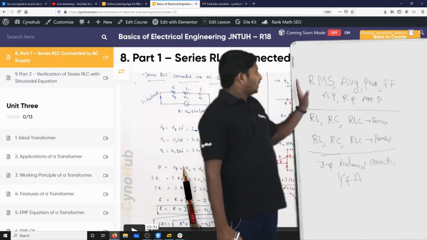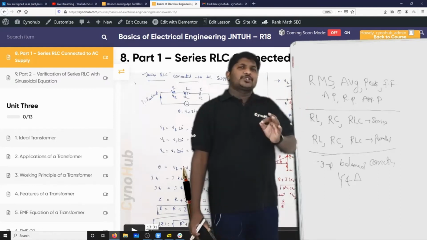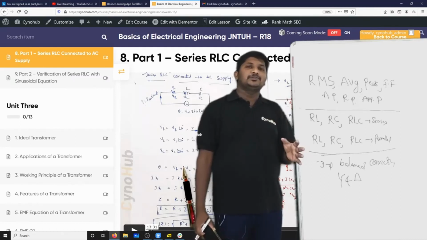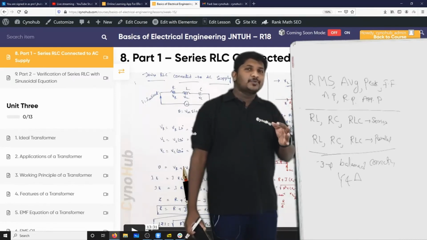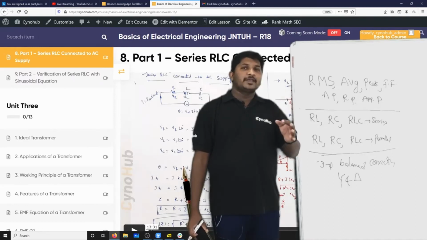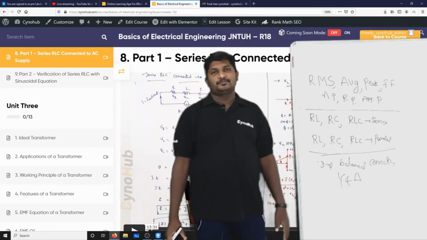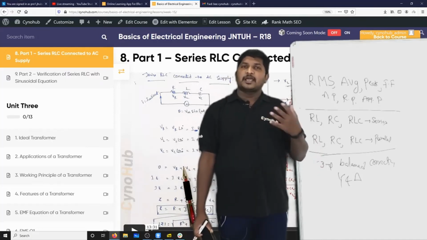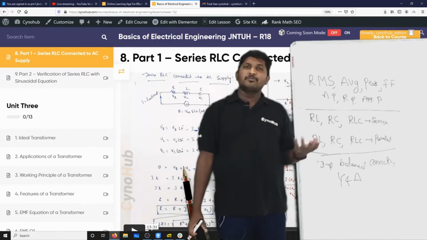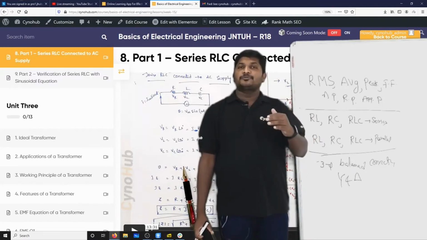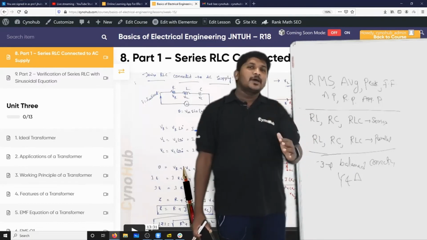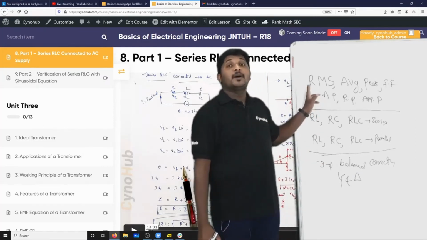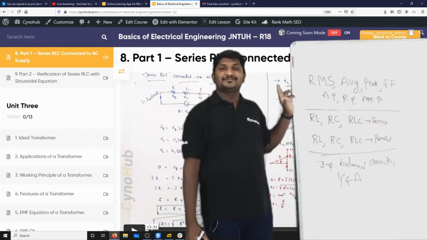Now, definitely we will get one question: calculate the RMS value or the average value of a given waveform. They have given some sinusoidal waveform, or some trapezoidal, triangular, stepped wave, or any random waveform, and they will ask you to find out the average value and the RMS value. That is one model from part 1.